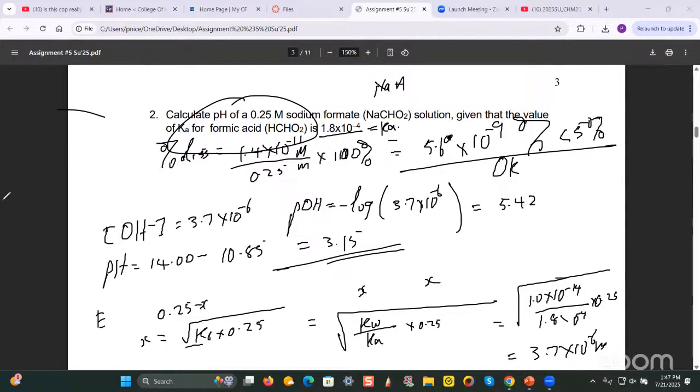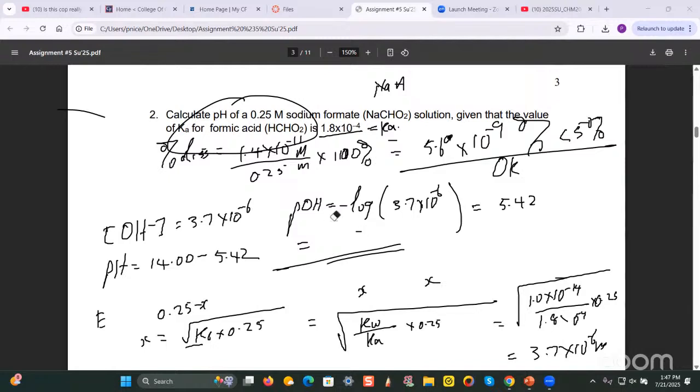And that will change this here, and that will change this here. So that's 14, and that is 8.57. That is more like it.